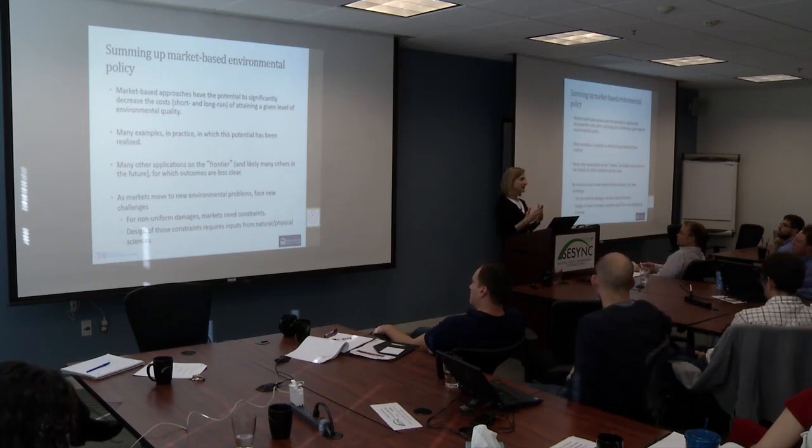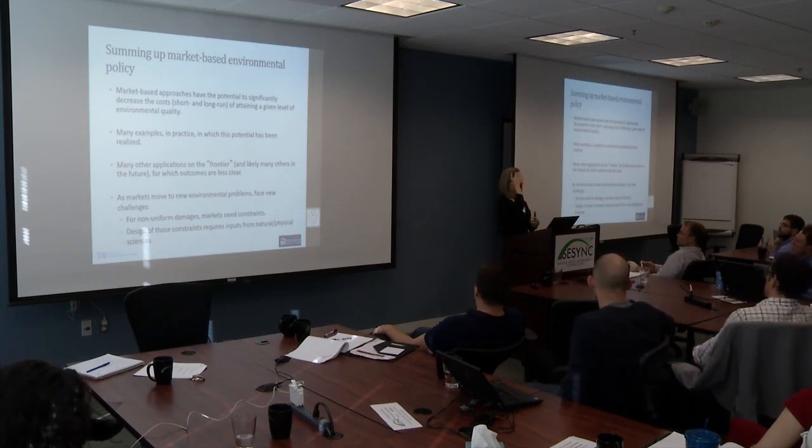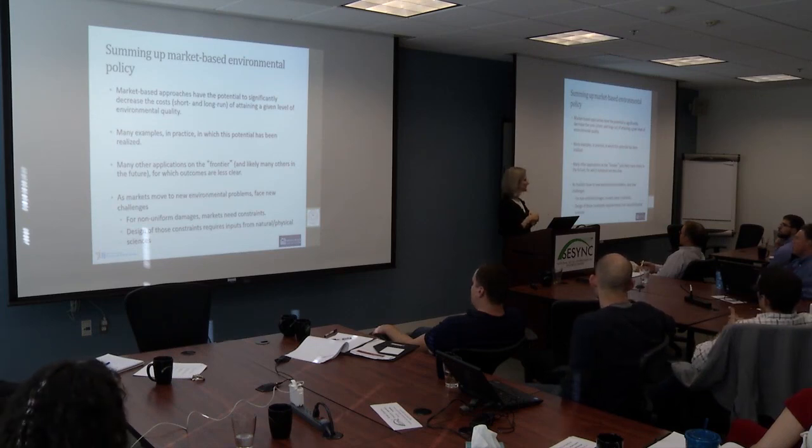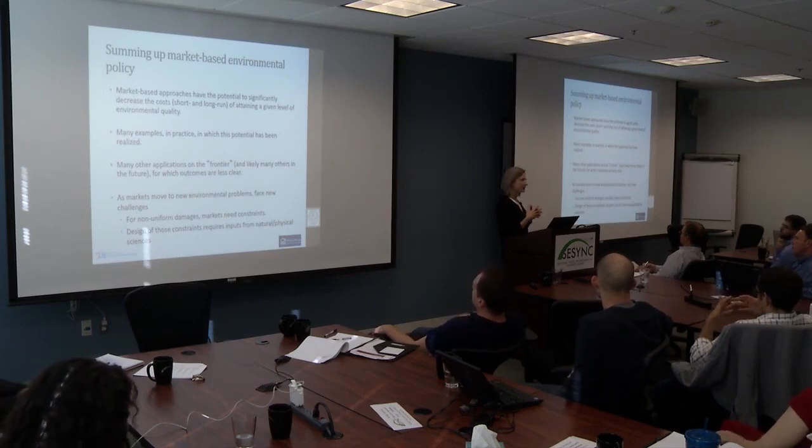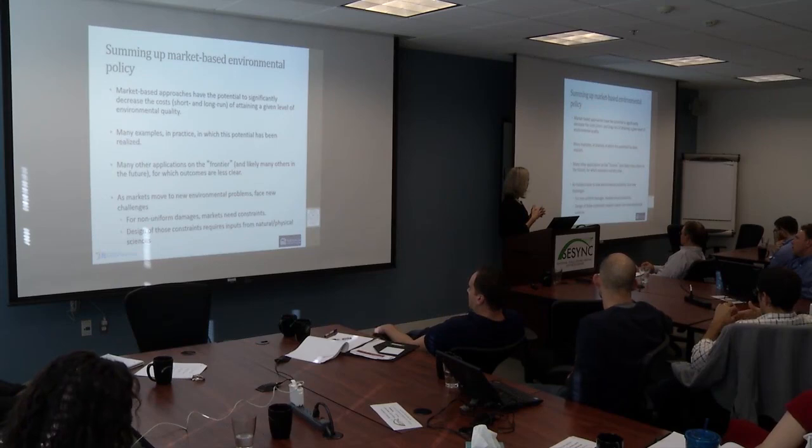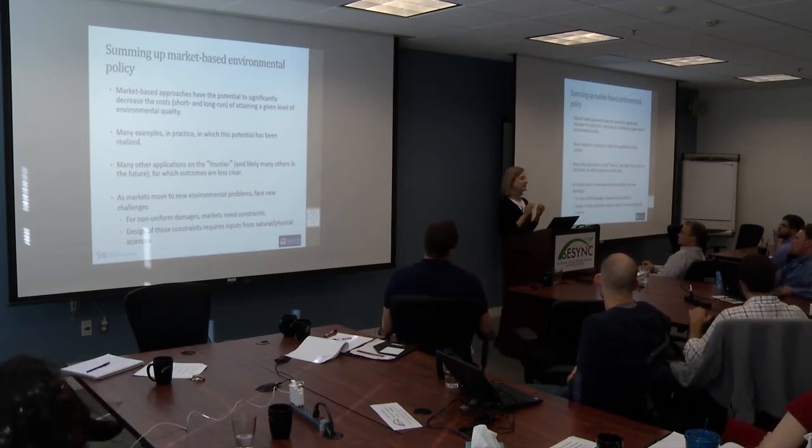And it's not that I'm not optimistic; I may be somewhat more optimistic, for example, on the water pollution case than what Jim expressed yesterday. I think there's been a ton of progress made in this interdisciplinary work, trying to understand how these things work, how they might work better, and really trying things on the ground. But I also think the key problem is that for these non-uniform damages, the markets have to have constraints, and they have to be designed really carefully in order to not make things worse, not just more costly, but actually worse in terms of benefits.